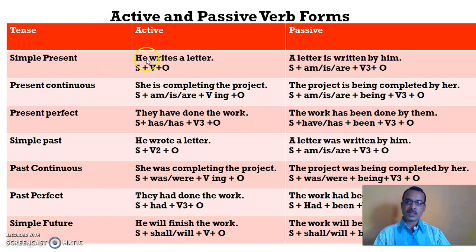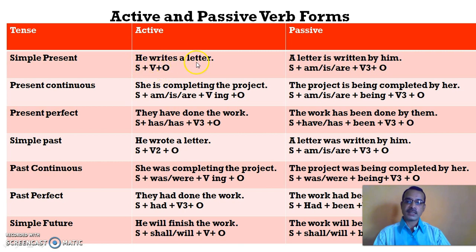For example, in this example, he writes a letter. This sentence is in active voice, and it is an example in simple present tense. So at first we need to understand the subject, he, verb, writes, object, a letter.